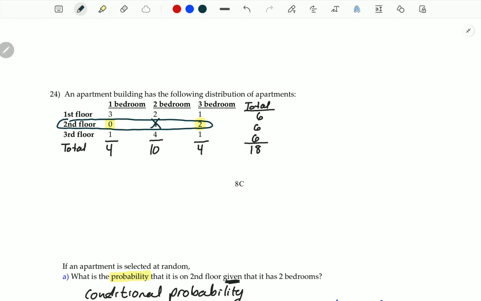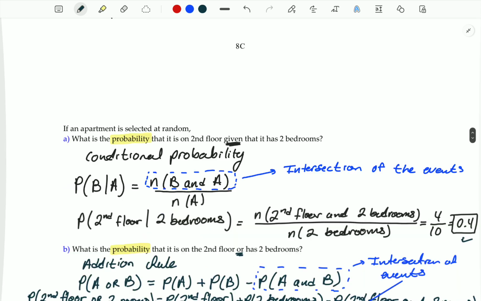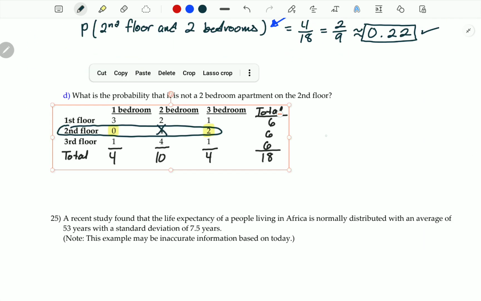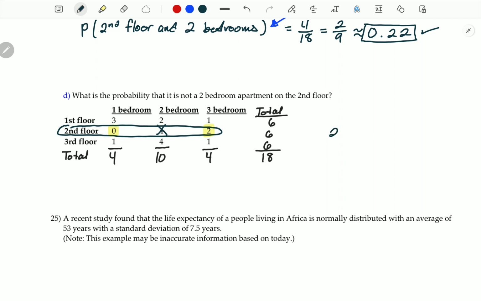So that's 2 apartments out of 18 total apartments. So that's 2 out of 18, which is 1 out of 9, which is approximately 0.11. And that is it for number 24.